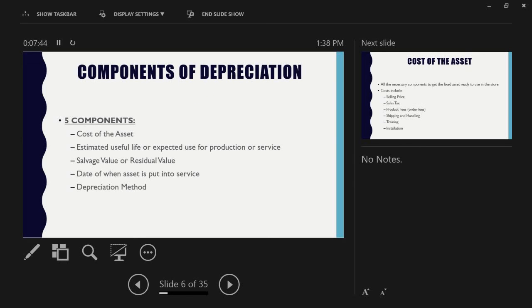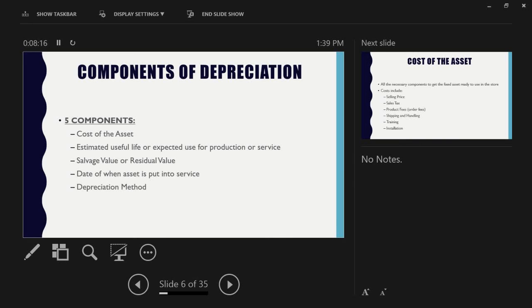Now, there are 5 components when we're dealing with depreciation. Number 1, what is the cost of the asset? And each one, I will go into detail of exactly what each consists of. Number 2 is either the estimated useful life or the estimated use of production. Third, you need to determine, is there a salvage value?